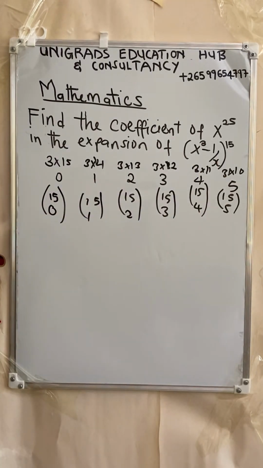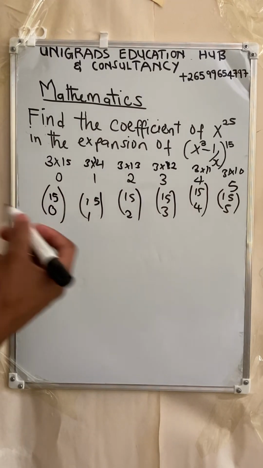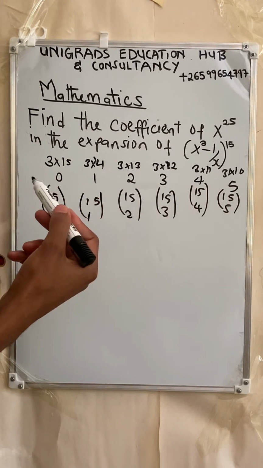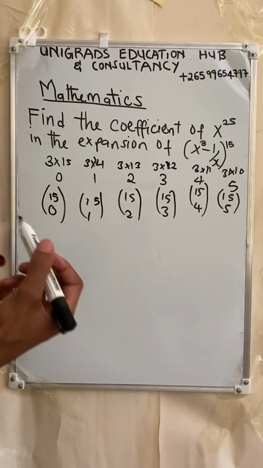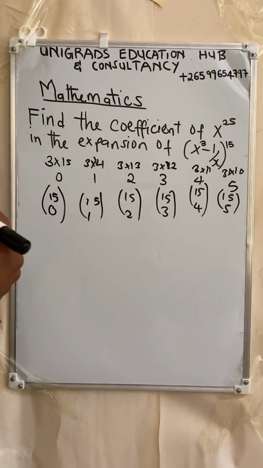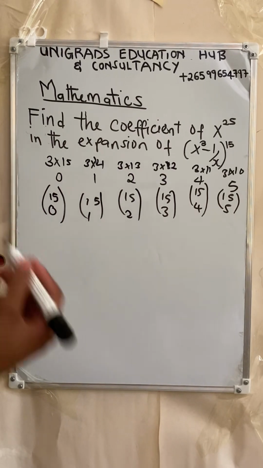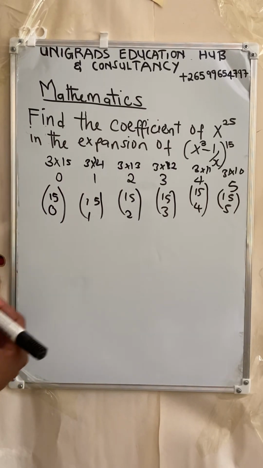But remember, we have now applied the first law, that a power raised to another power is multiplied. Let's apply the second law: the same base dividing, we subtract the powers.